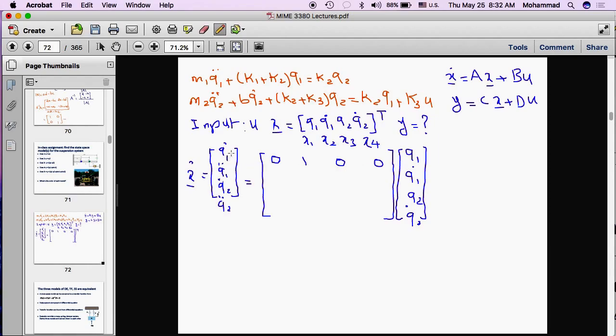See, we are basically saying Q1 dot is equal to Q1 dot. Because 0 gets multiplied by Q1, 1 by Q1 dot, 0 by Q2, and 0 by Q2 dot, and the result gets added to each other. So you can see that Q1 dot is simply equal to Q1 dot. That's the story that the first row tells.